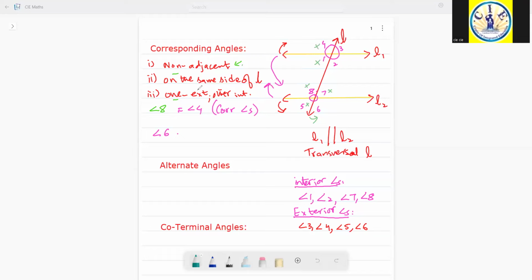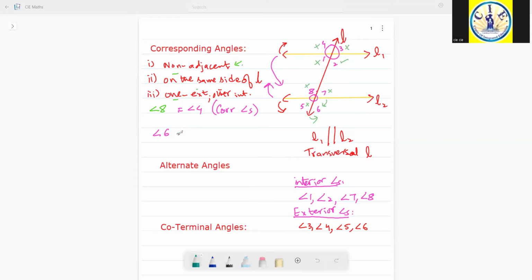Then one exterior and the other interior. Since angle 6 is lying outside of the parallel lines, it is the exterior angle. So its corresponding angle will be angle 2, since angle 3 being an exterior angle is ruled out.